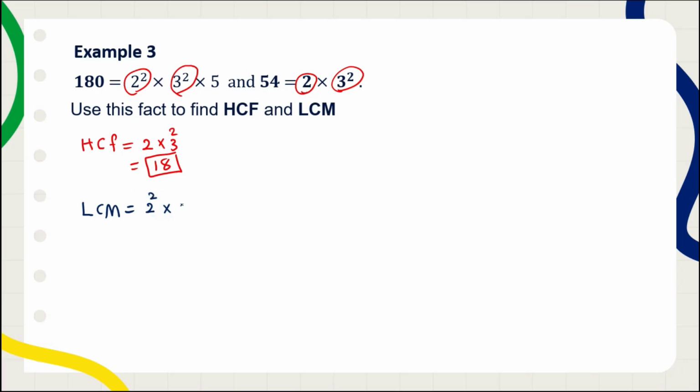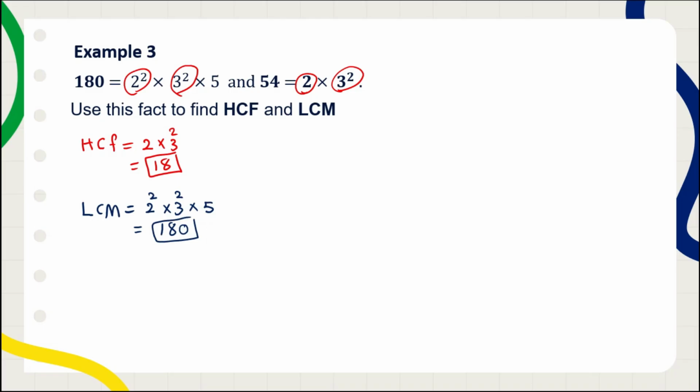And for 3, it is 3 to the power of 2. Both of them include the same factor with the same power. And don't forget that 5 appears only with 180. So we are going to include 5 in our product. Then we multiply them all together and their product is 180.